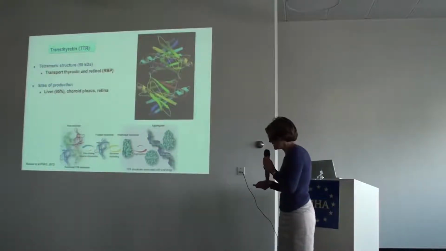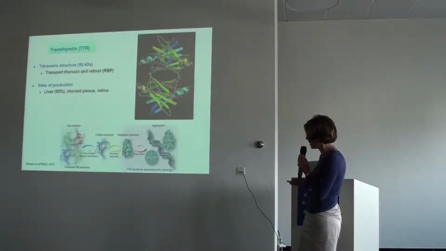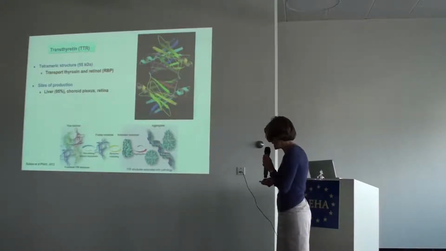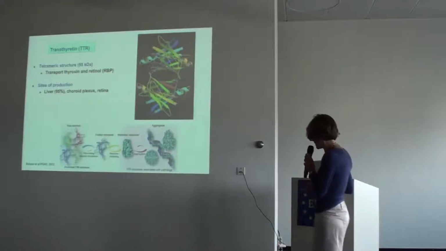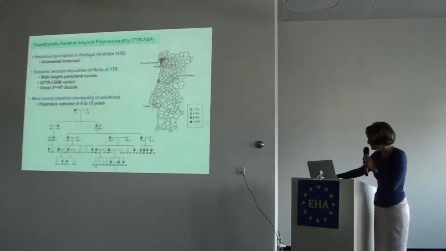So there is a dissociation due to one or both of these factors into monomers, which in turn misfold into toxic species, and finally aggregate into fibrils of transthyretin that you have just seen.